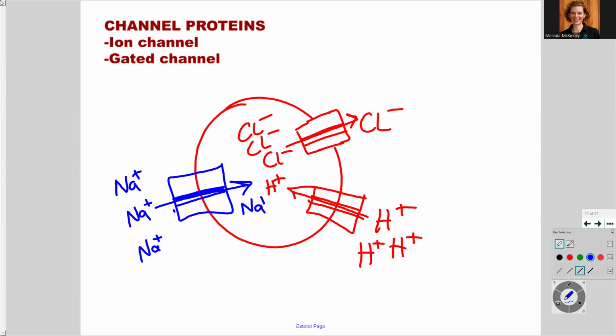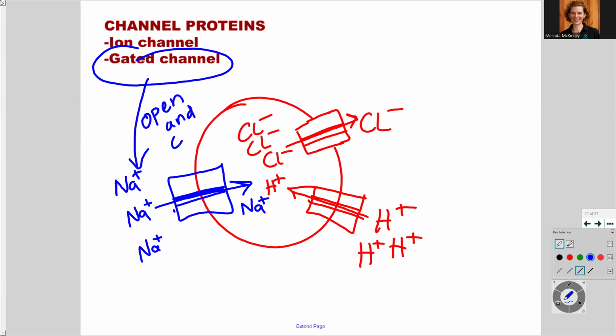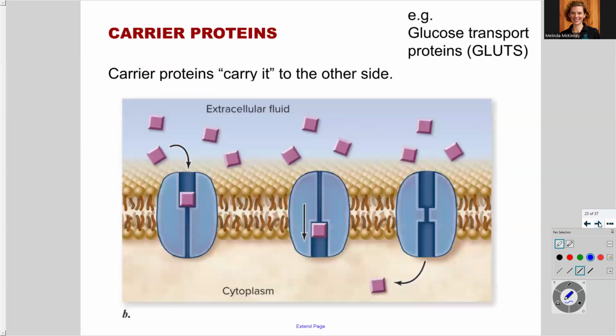That is called a gated channel. It's a gate, it can open and close. Whereas some other channels over here, just these specific examples, might be open all the time. So some ion channels might be gated and some might be open all the time.